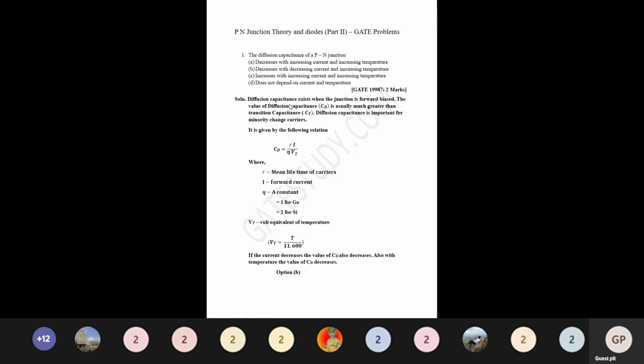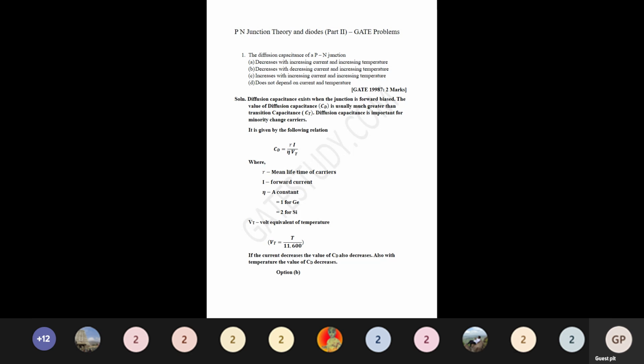So it suits option B, that is decreasing with decreasing current and increasing temperature. So CD is directly proportional to the current: as the current decreases, diffusion capacitance decreases. And CD is inversely proportional to the volt equivalent of temperature: as it increases, the diffusion capacitance decreases. So the right option is B.